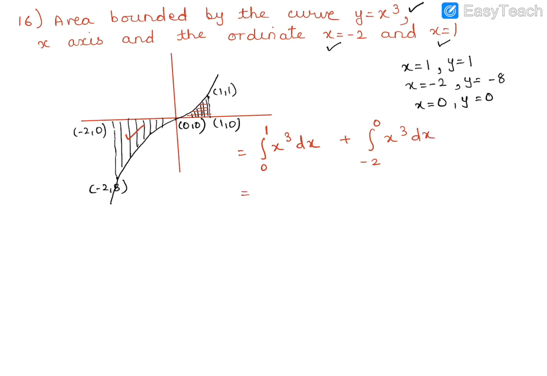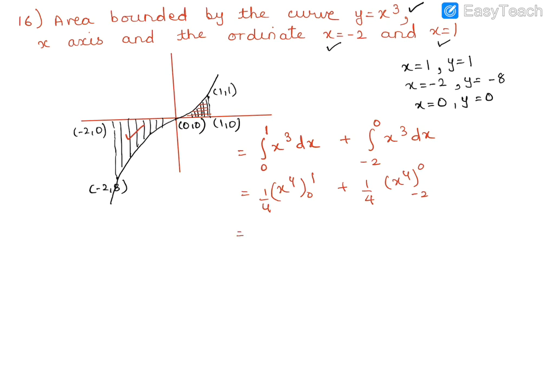And therefore this will give you x to the power 4 by 4, limit is 0 to 1 plus, and -2 to 0. This is an important part because here on integrating again I am going to get x to the power 4 by 4, limit is -2 to 0.